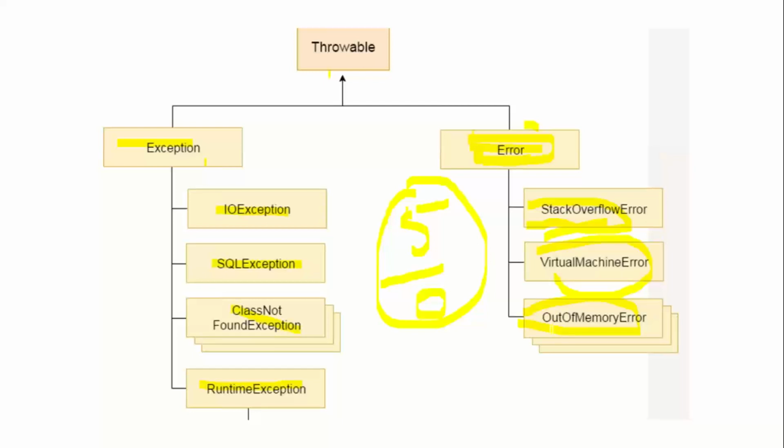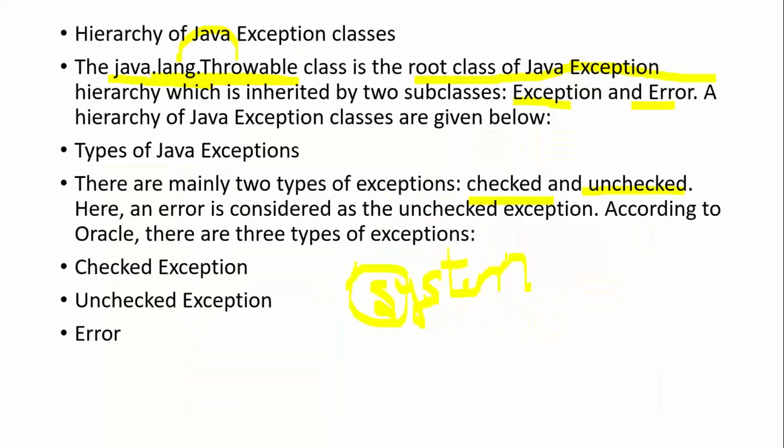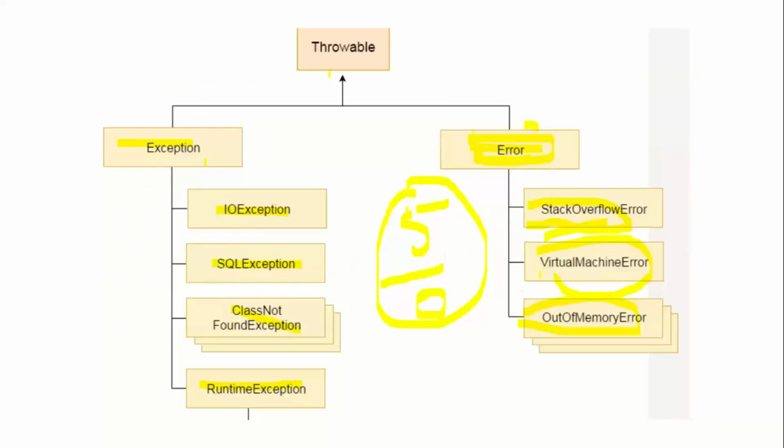Or when your JVM memory is full, that also will give you errors which will result in the abrupt ending. The programmer has to be very careful so that these kinds of errors won't arise, because these can't be handled. Exceptions, even if they arise, we can handle.